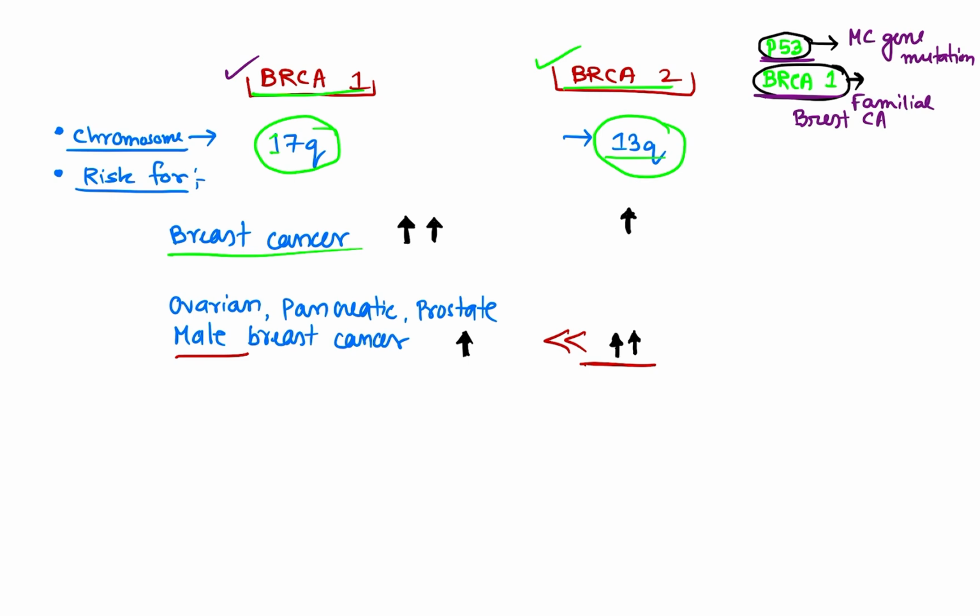Other carcinomas like ovarian, pancreatic, prostate are associated with both types of gene, but more commonly with BRCA2, and breast carcinoma in female is more commonly associated with BRCA1. So remember this, BRCA1 and BRCA2.